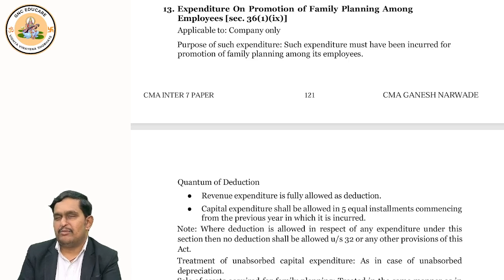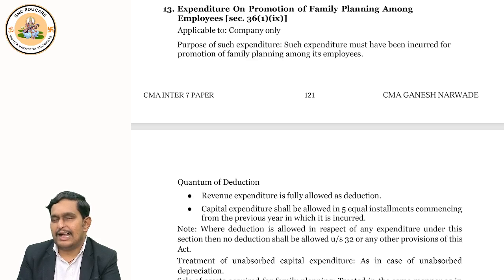Okay, one more question I'll tell you. Now, later on, the customer became great. He came back to you and he repaid your money. Right? So, the bad debt is recovered, correct? So, recovery of bad debts, what do we have to do? Because when bad debt is incurred, you claimed it as deduction.